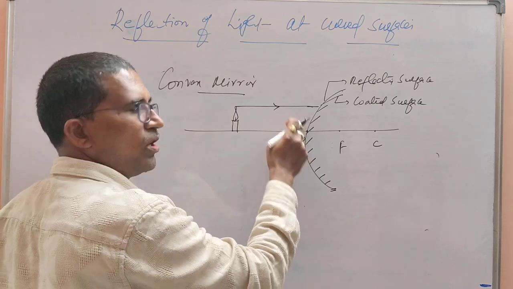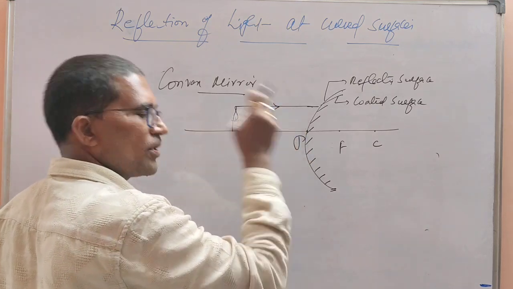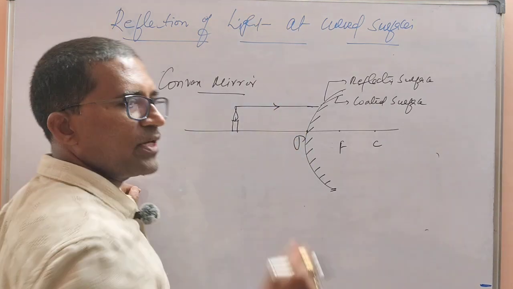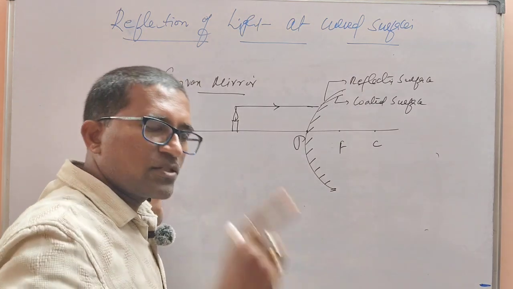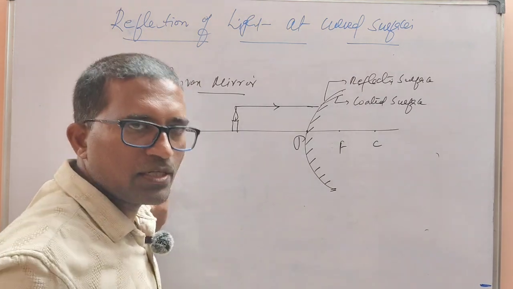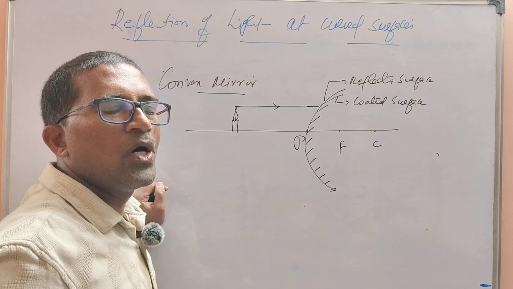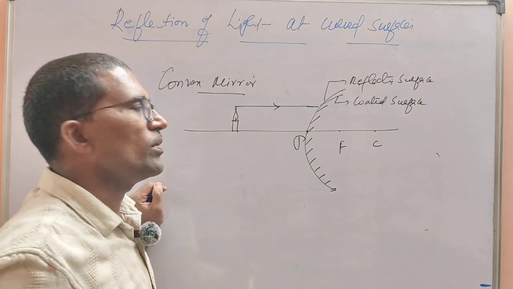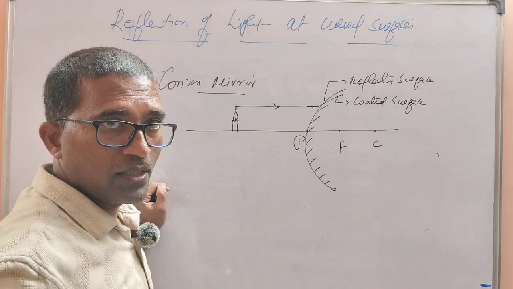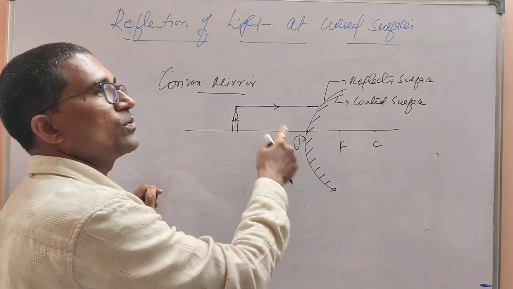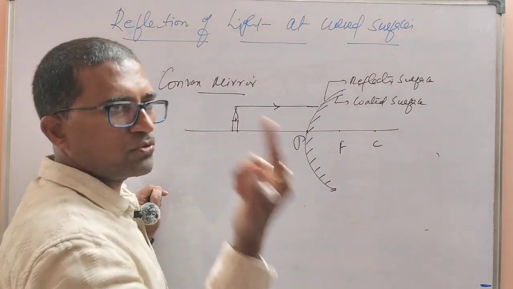from the pole. The important point which you have to remember is you should always measure the distances, whether it is object distance, image distance, or focal length, whatever it may be, always from the pole of the mirror to the respective object or the respective image.